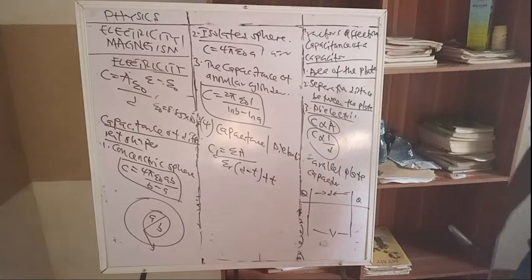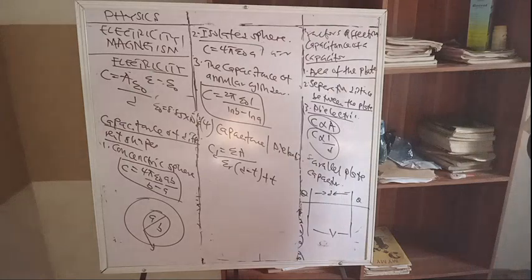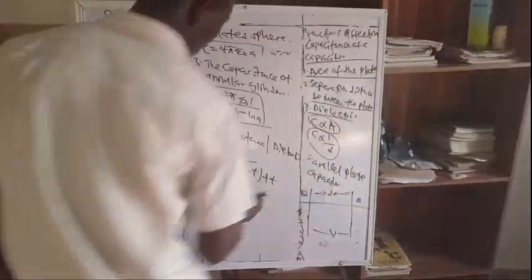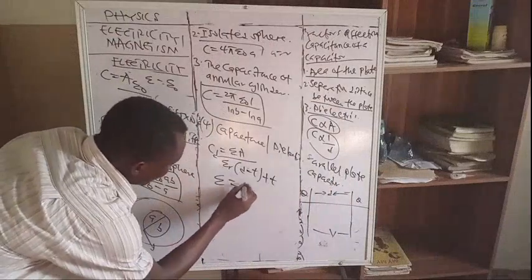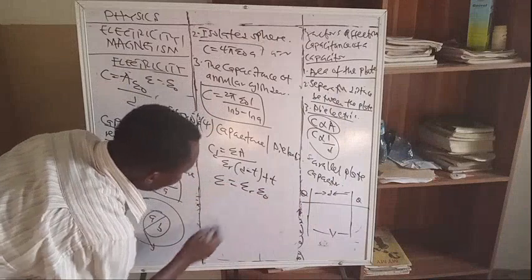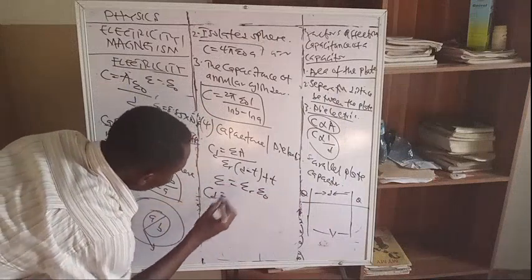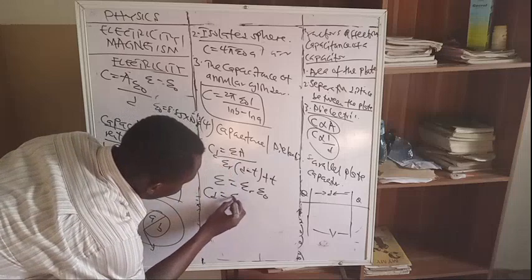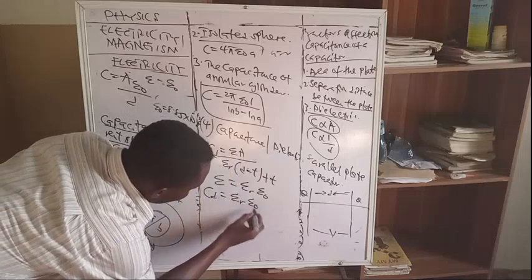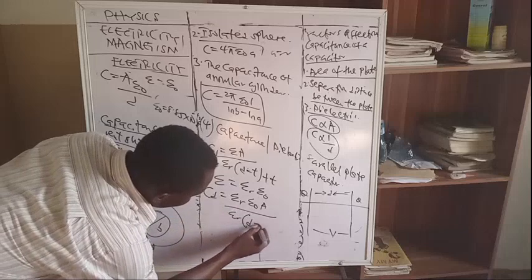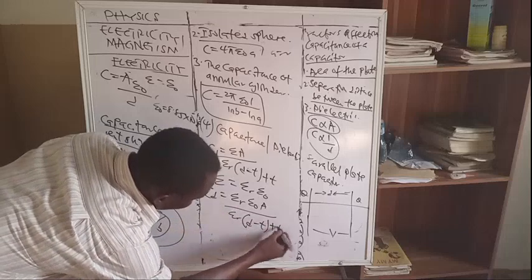Your absolute permittivity is the product of relative permittivity and the permittivity of free space. So you can write the formula for capacitance with a dielectric as: anywhere you see absolute permittivity, you now have relative permittivity times permittivity naught, then A over relative permittivity, open bracket, distance minus thickness, plus thickness.